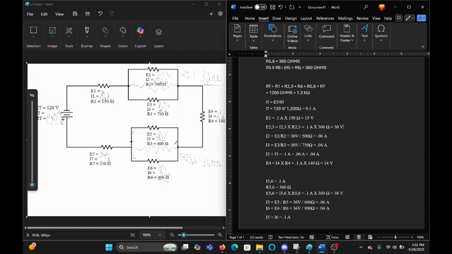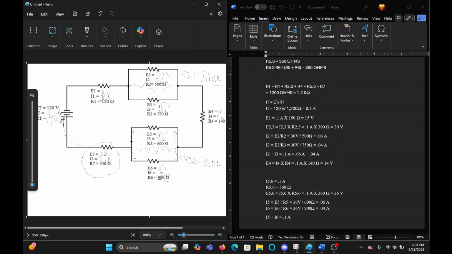So you can calculate how much current is going through each of these branches right here. And then once they connect together, they're back into a series circuit. And then you just solve for the last one.